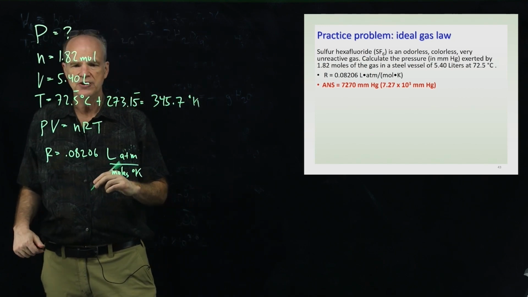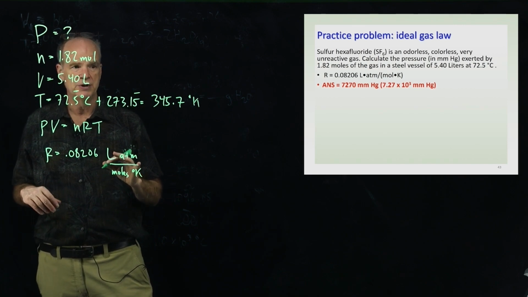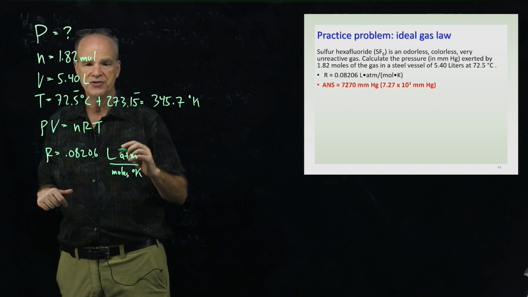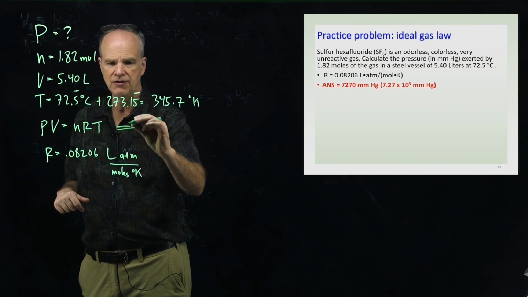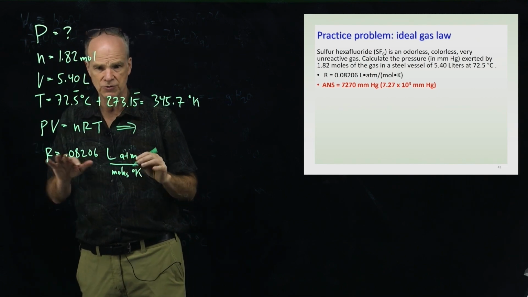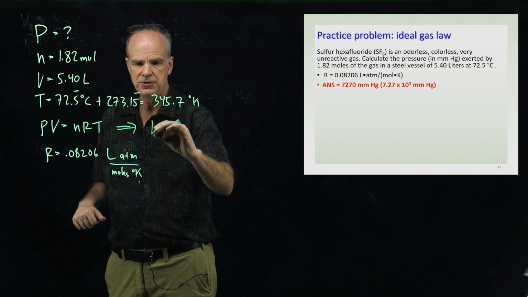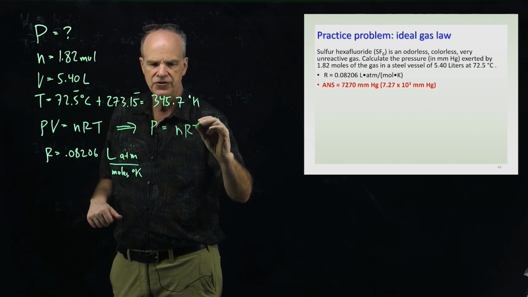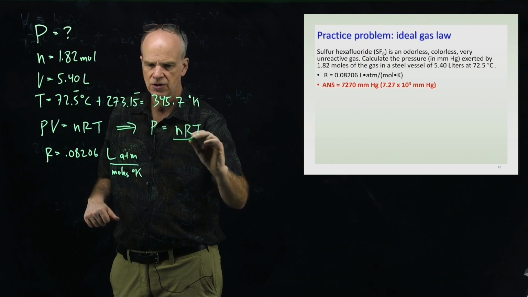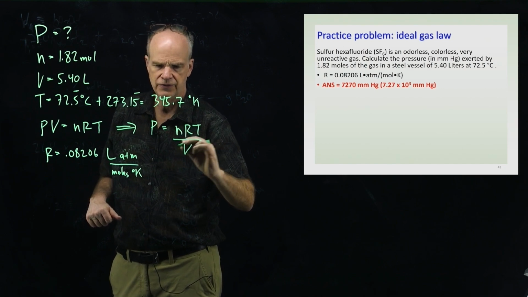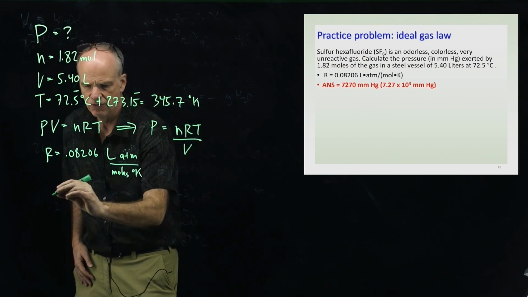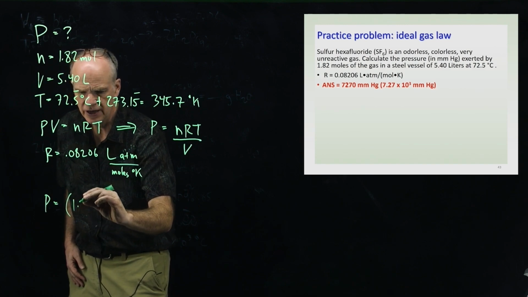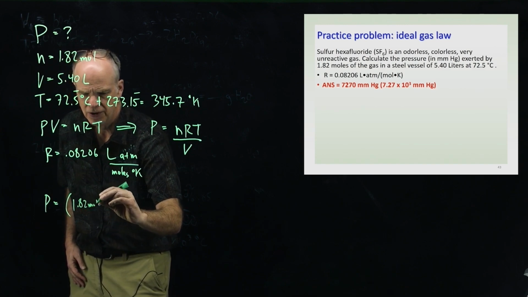Okay, so at this point we can plug this into the ideal gas law. But first, let me solve this for P. You can work it out on your own, but P should be equal to nRT over V. Let me plug in numbers and see what we get. n is 1.82 moles.